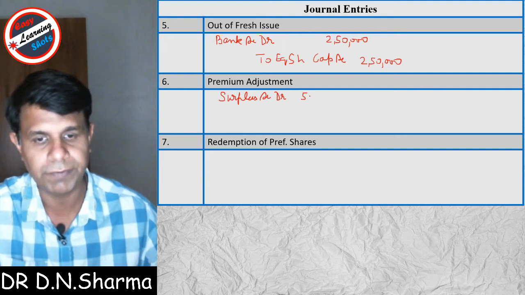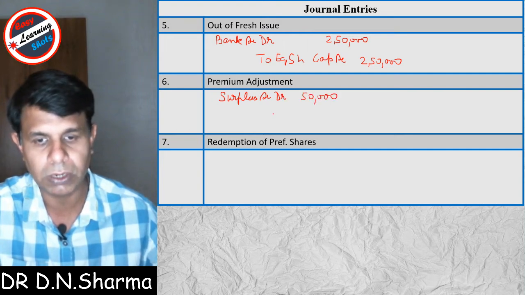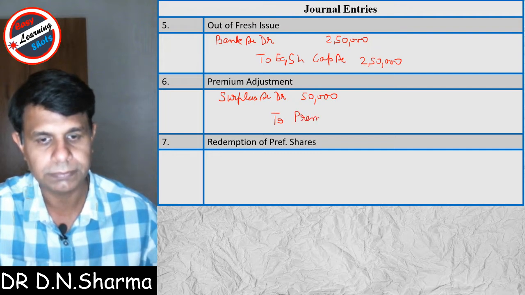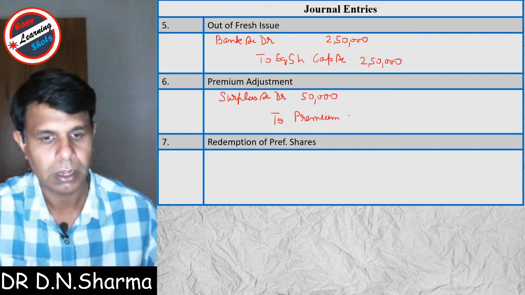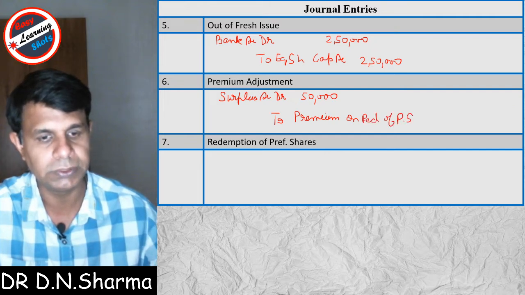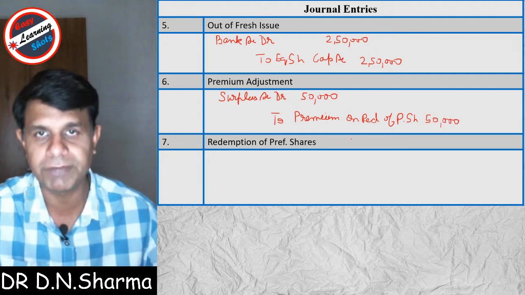We transfer 50,000 to a new account, so to premium on redemption of preference shares. We use surplus account to redeem the preference shares at a premium of 50,000.